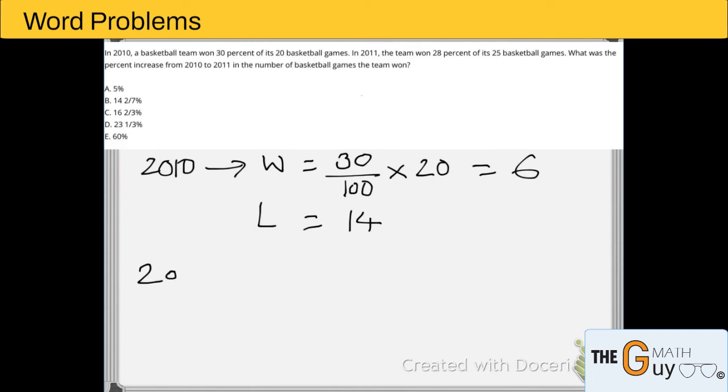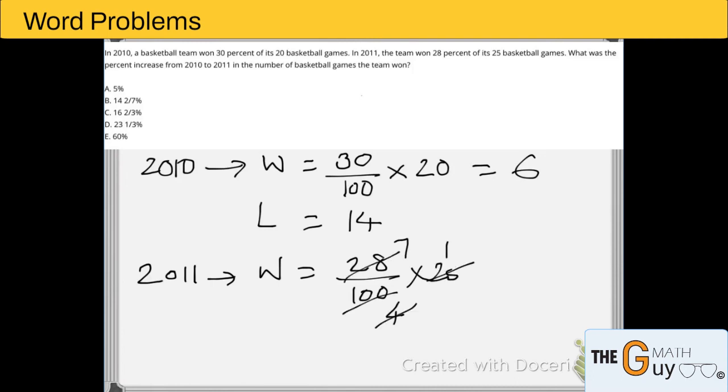In 2011, the team won 28% of its 25 basketball games. That's 28% of 25, so they won 7 and lost 21.